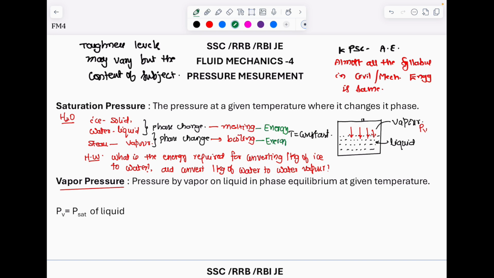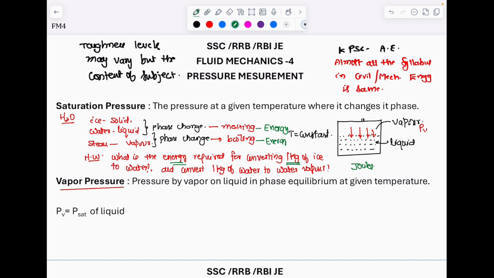Then specific energy, that is energy per kg. Energy is measured in joules. Energy per kg required for melting and for boiling is the specific energy required for melting and boiling.